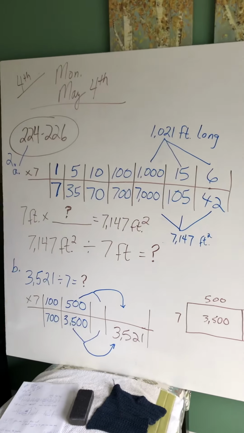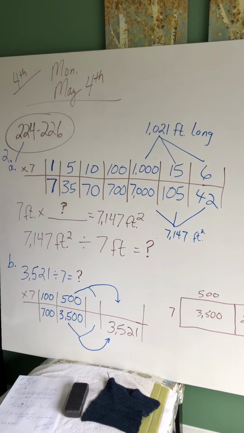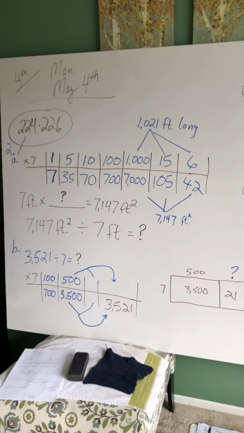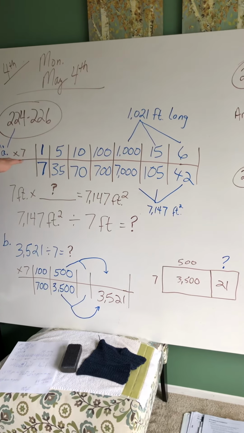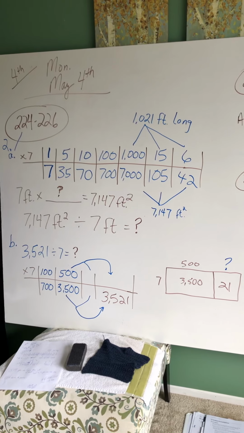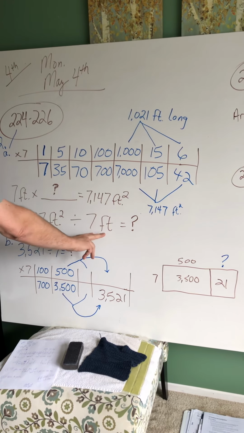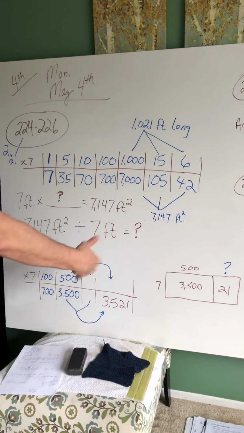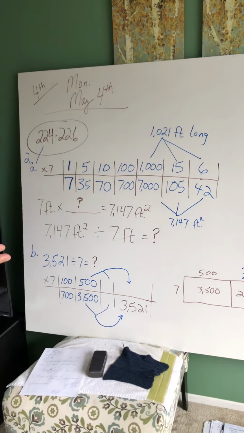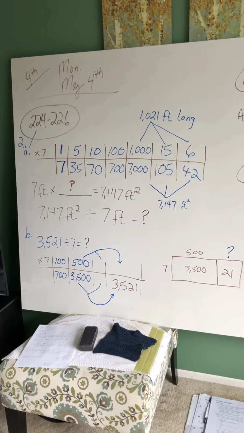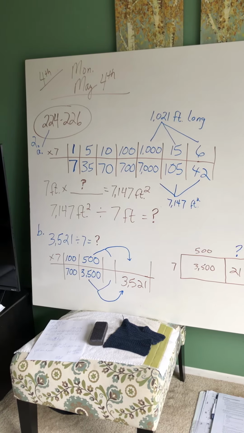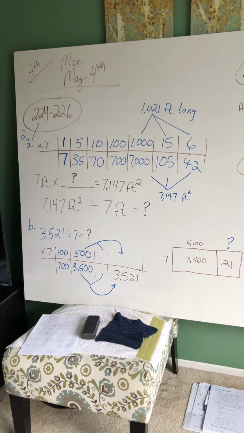So let's look at this. They wanted me to show you a couple things. First, a ratio table showing you what you can do with 7,147 square feet divided by 7 feet. Okay? Well, I know some of you are doing it already, you can divide using the algorithm, okay?